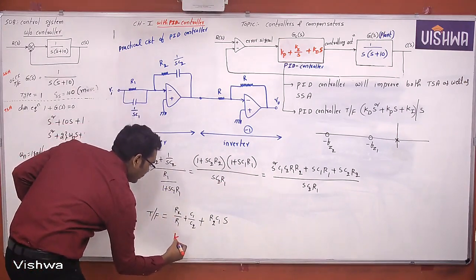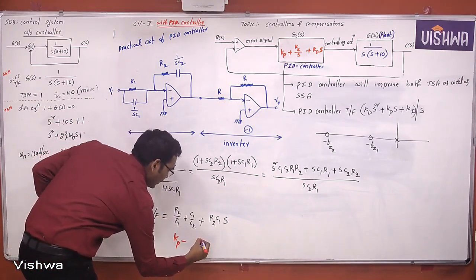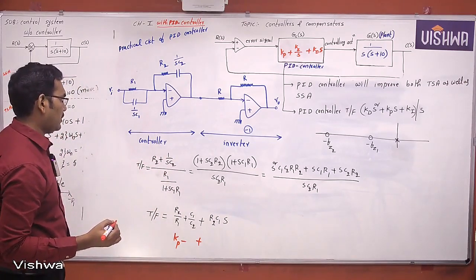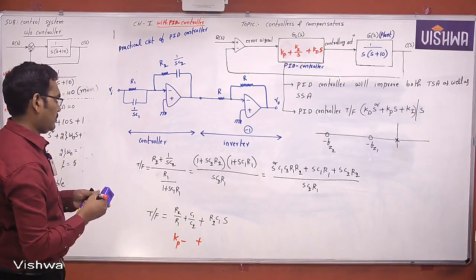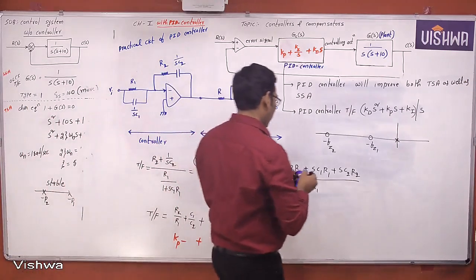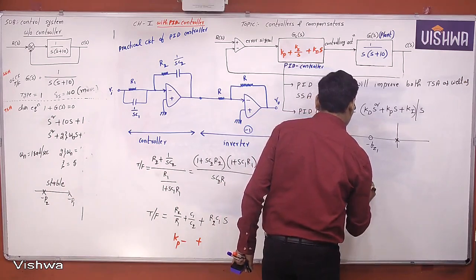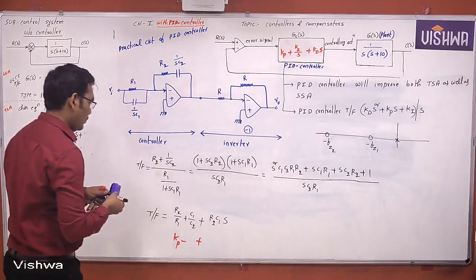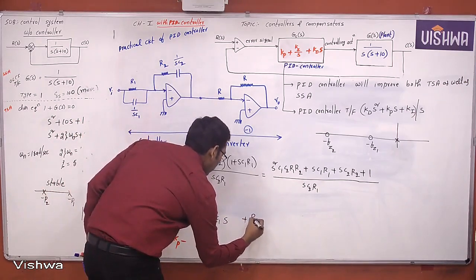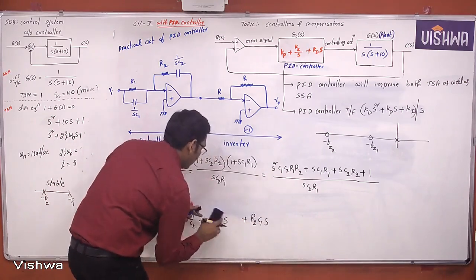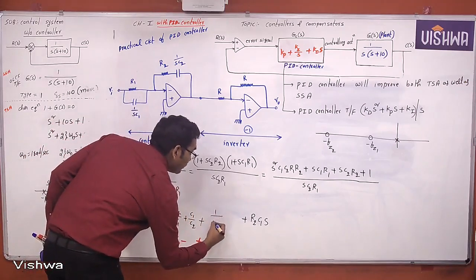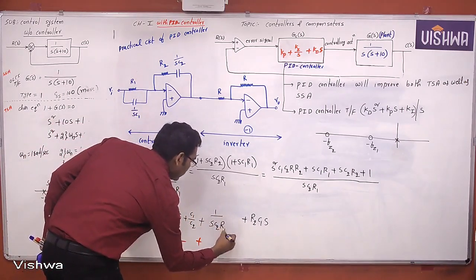See here, Kp plus Ki by S. Yeah, and one more term is also missing here, plus R2 C1 into S. Plus here, 1 by SC2 R1.